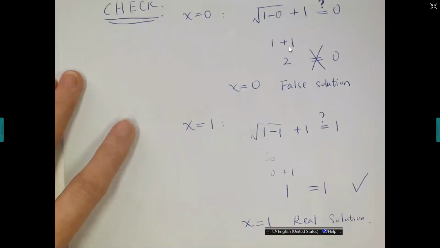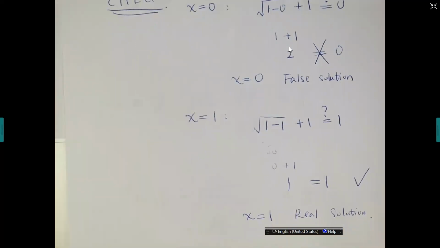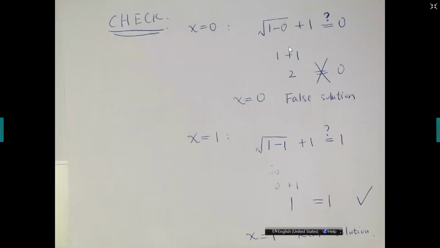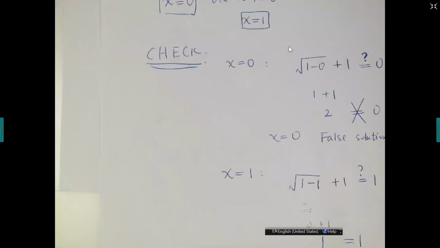From this example, I want to give you an impression. When we solve a radical equation, we have to isolate the radical term and then square it. When we square it, don't forget to square the other side as well. We'll get either a linear equation or a quadratic equation. Solve this brand new equation, and we'll always end up with some solutions. But we cannot stop here.